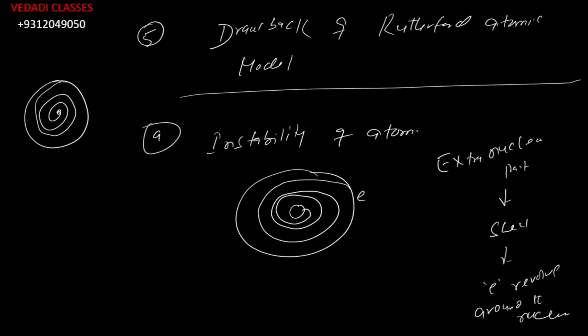Later on we will also get the idea of who overcame this drawback. So the first drawback of Rutherford: he could not explain the stability of an atom.